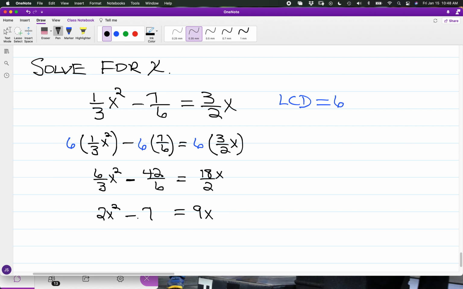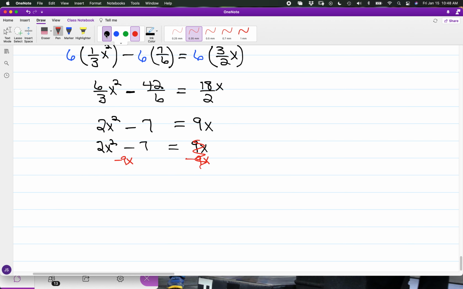Taking what we have and arranging the quadratic equation in standard form, I can just move the 9x over by subtracting. So we're going to have 2x squared minus 9x minus 7 is equal to 0.